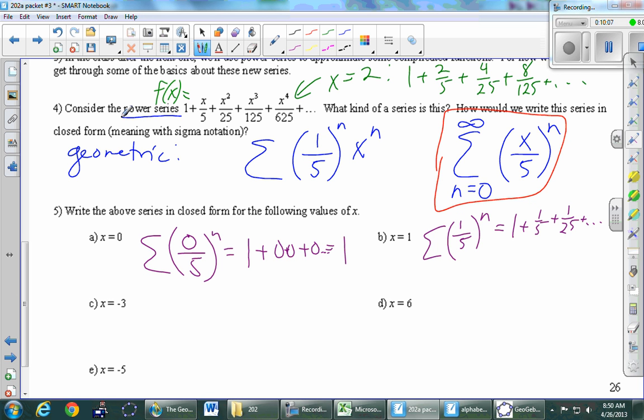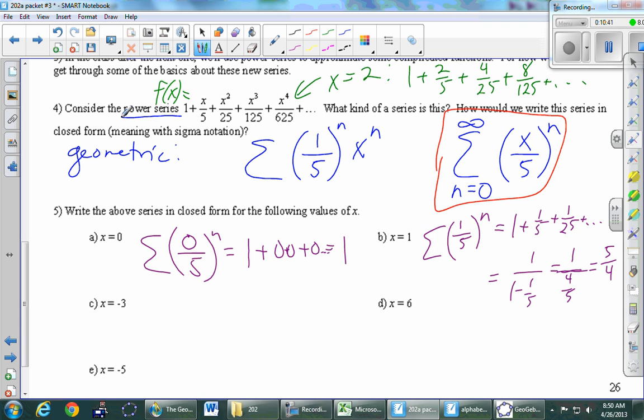It's a geometric series. It's one of the few things we actually know what it adds up to. So a over 1 minus r, 1 over 1 minus a fifth. So that's 1 over 4 fifths, which is 5 fourths. So when we plug x equals 1 into this function, we get 5 fourths.